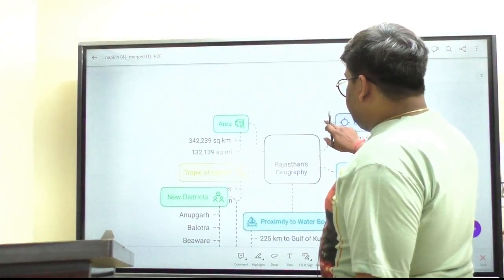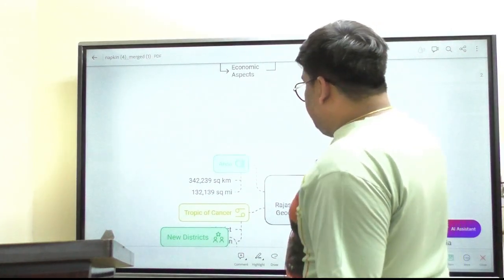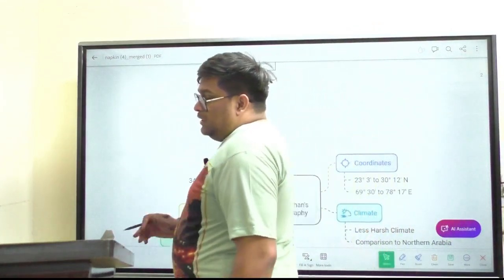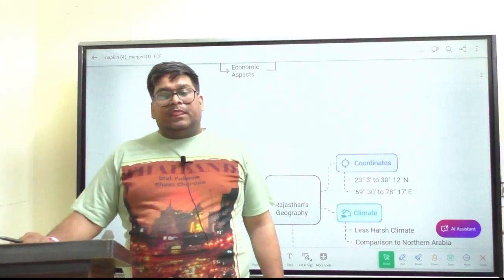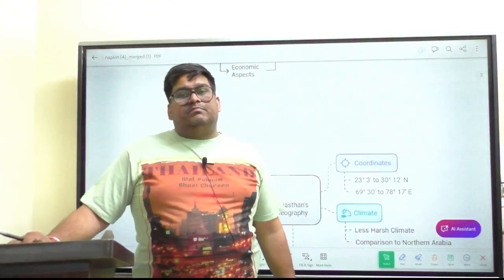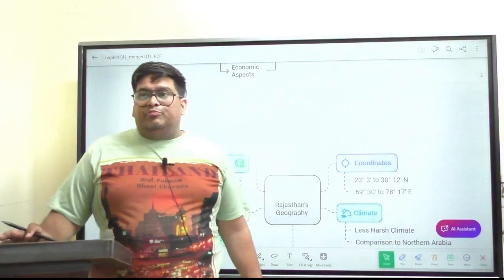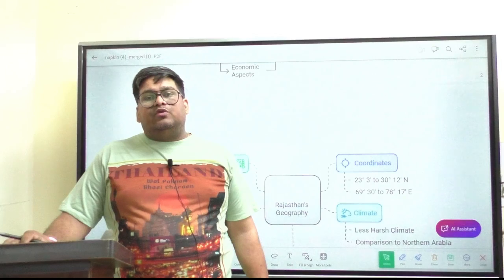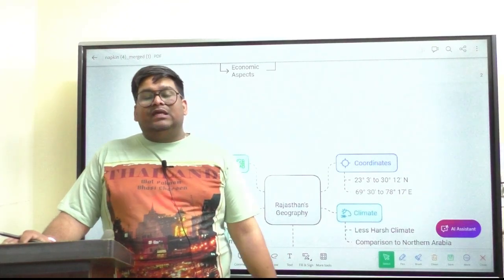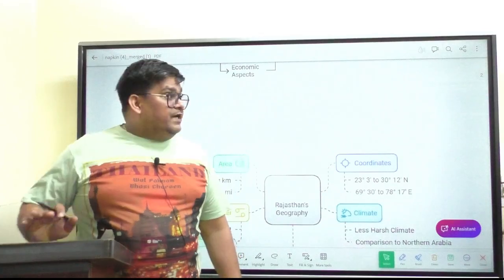This is a little bit merged with another diagram, so let me take only this one so that you can familiarize yourself. As I told you, Rajasthan is basically situated in the northwestern part of India. It covers approximately 3,42,239 square kilometers of area.